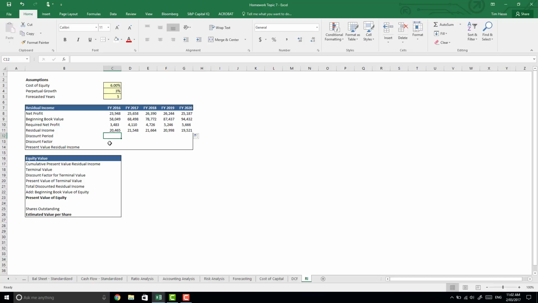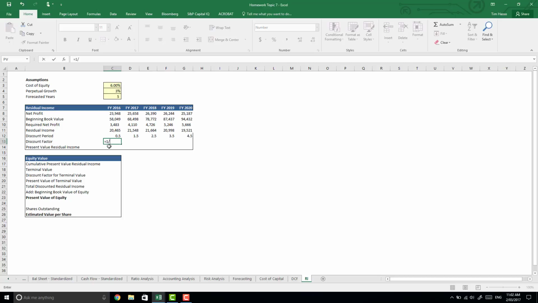The discount period is similar to how we use the discount periods in the discounted cash flow model. So the first year is 0.5, then 1.5, 2.5, 3.5, and then 4.5. And discount factor, very similar in terms of how we calculate it.